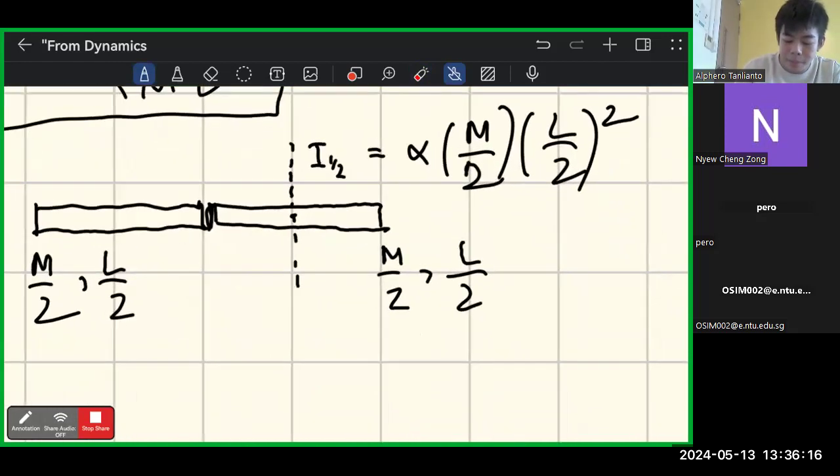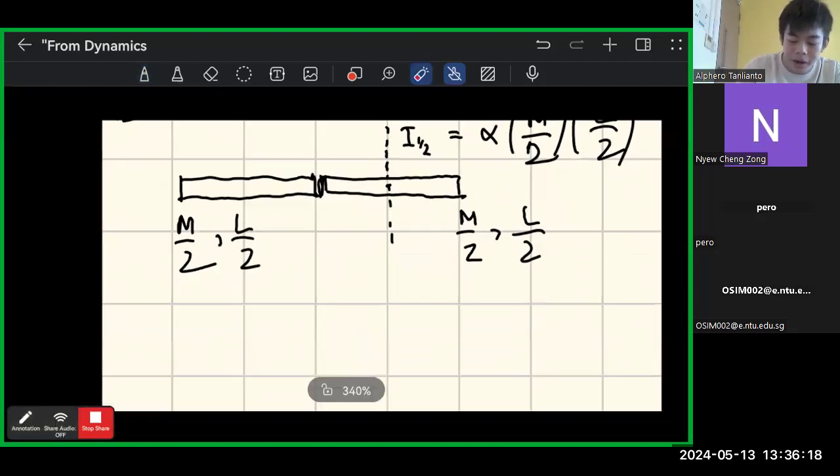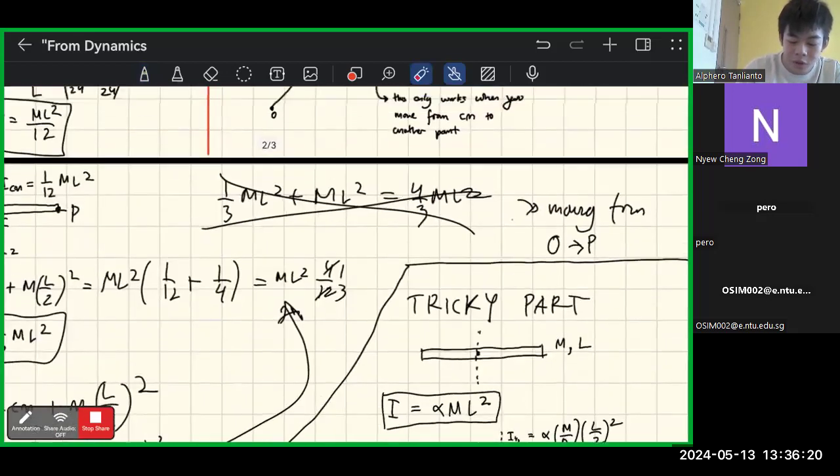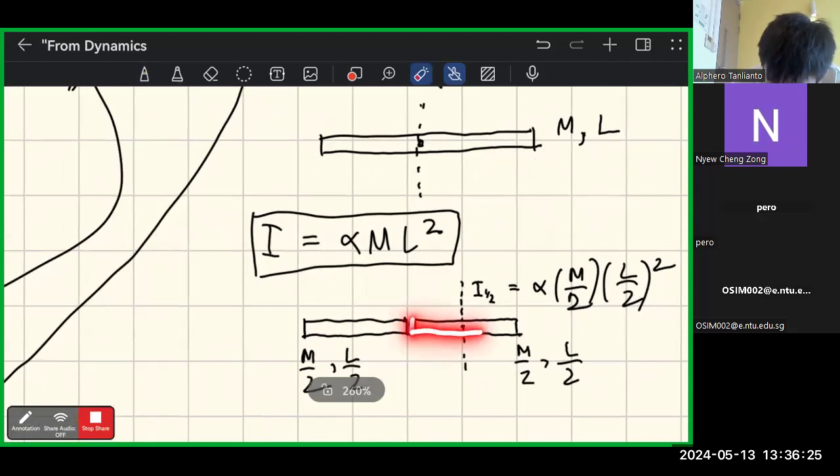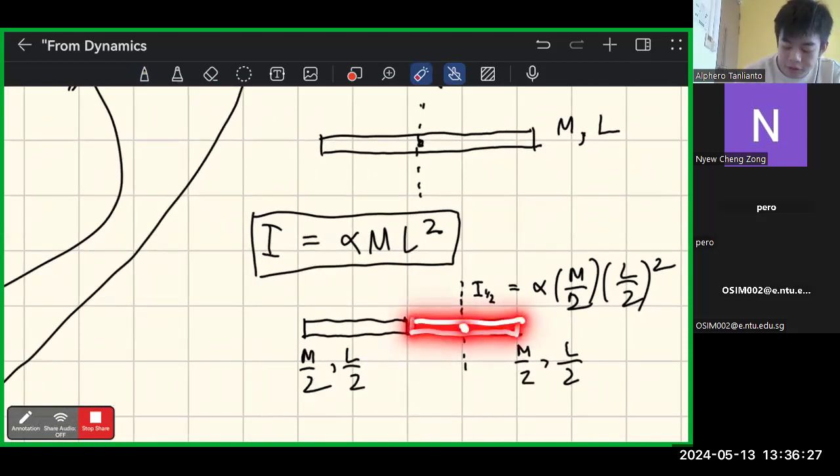And because we have the parallel axis theorem, we can move this half uniform rod's inertia, because this is the center of mass of the half rod, into the center of the whole rod, into this axis. How? We just add.